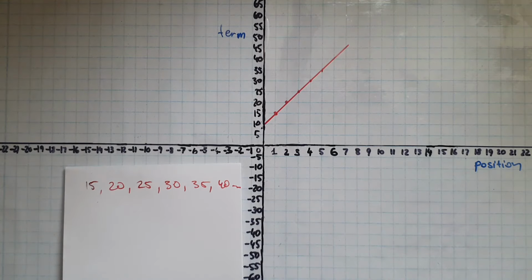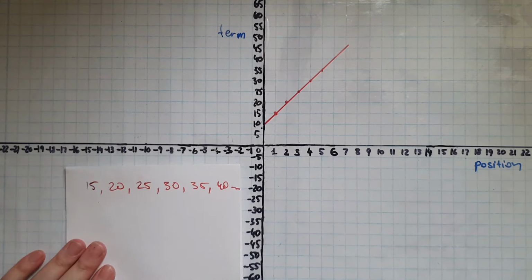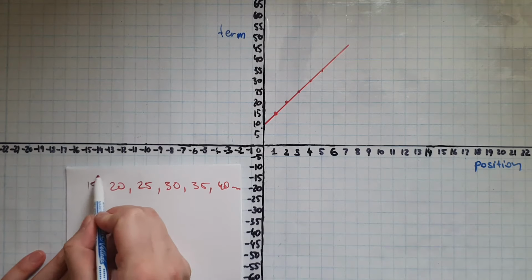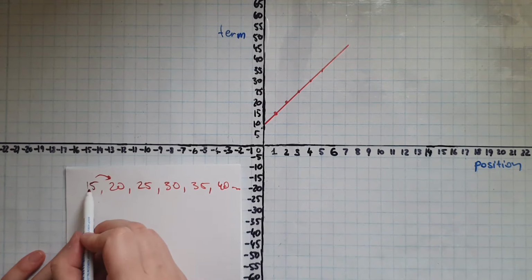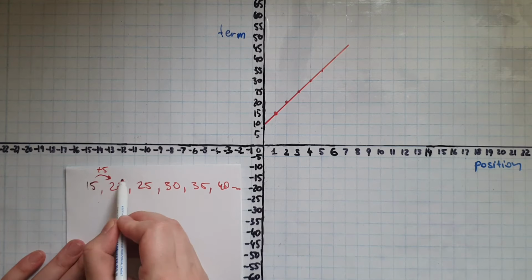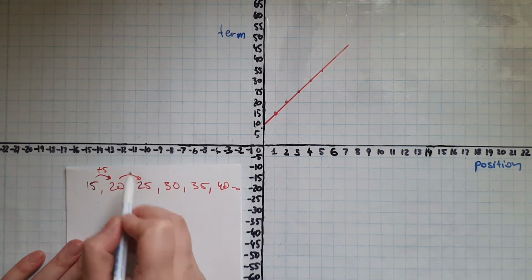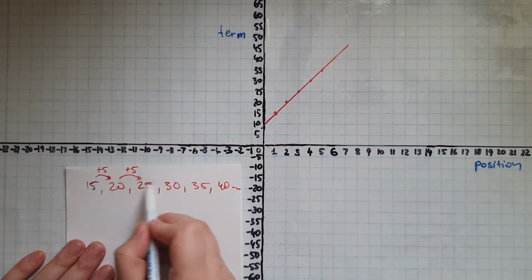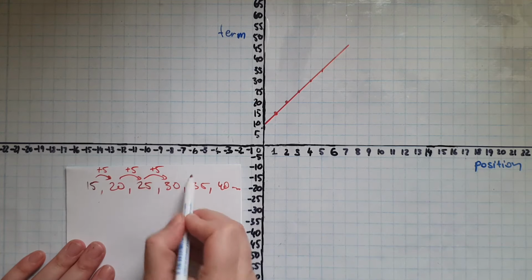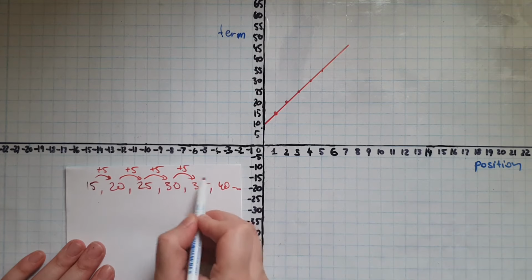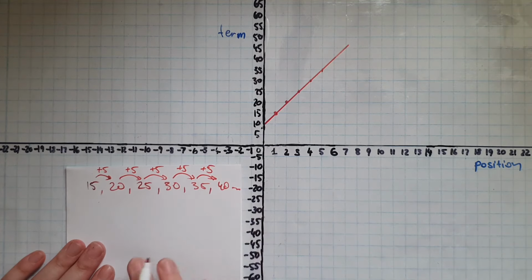So what do we notice? How much am I paying per ride? The difference between 15 and 20 is 5. Between 20 and 25 is 5. Add 5, add 5, add 5.